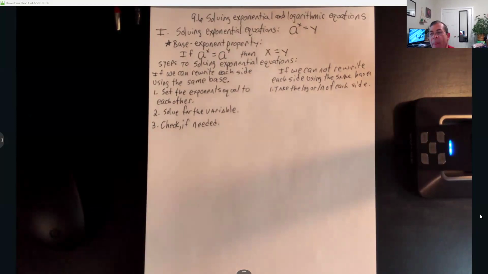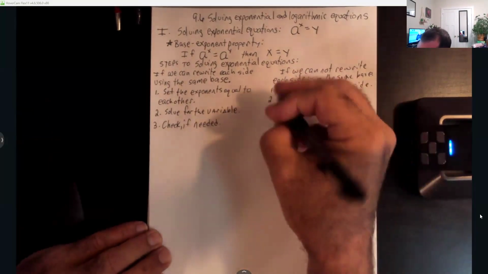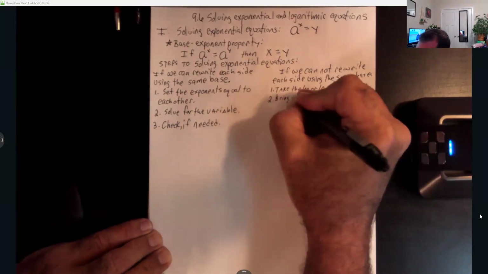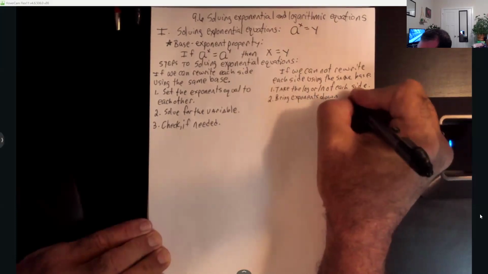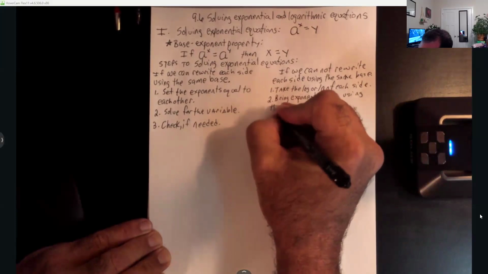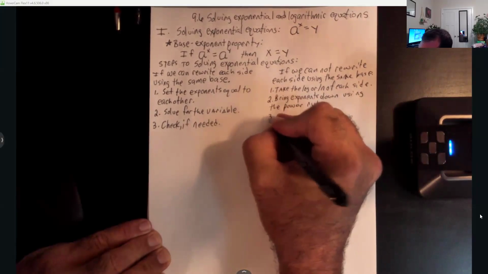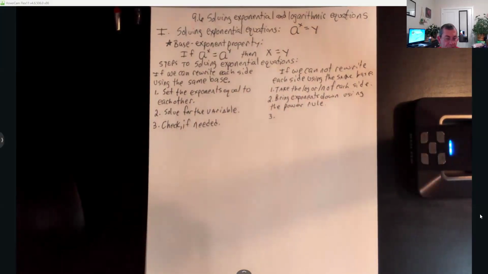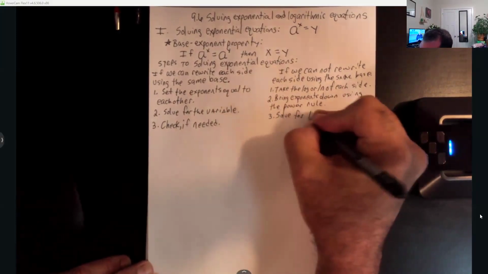Because remember, if I take the log of a base to an exponent, using the power rule, I can then bring that exponent down to the front. So bring the exponents down using the power rule. Once I've brought that exponent down, I can then solve for it. So then I will solve for the variable.